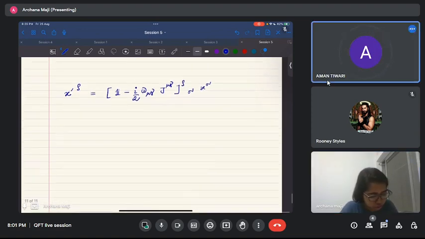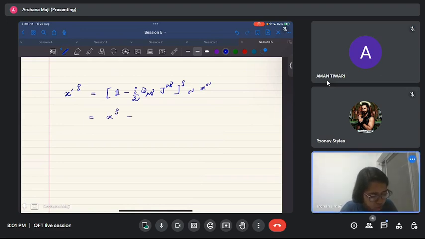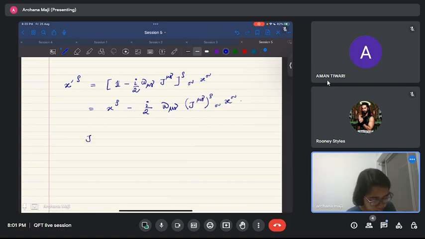So instead of writing it this way, think of it as omega mu nu, J mu nu. Now you don't have any other confusion. So J mu nu rho sigma is basically x rho del sigma minus x sigma del rho.